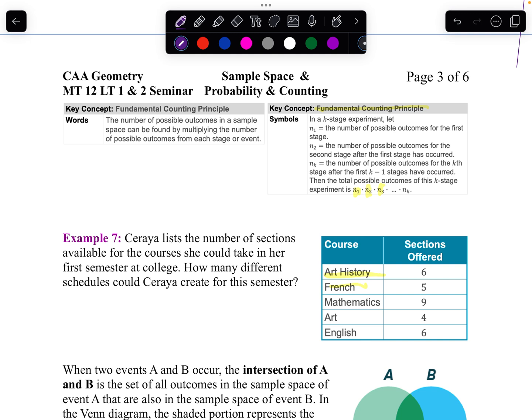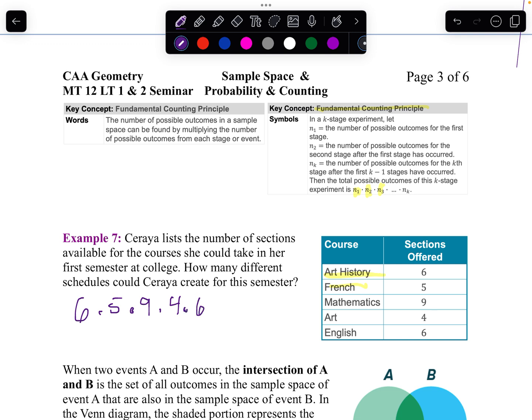So to find the total number of different schedules Soraya could make, we just take each outcome. There are 6 for art history. There are 5 courses for French, 9 courses for math, 4 sections of art, and 6 sections of English.